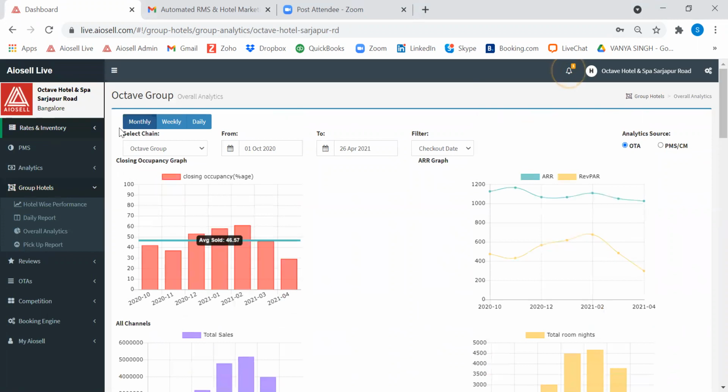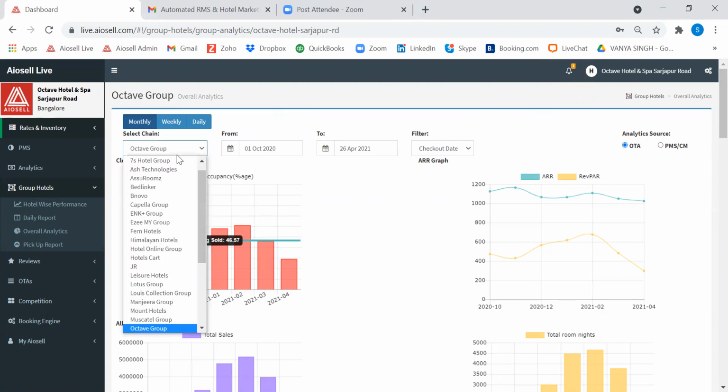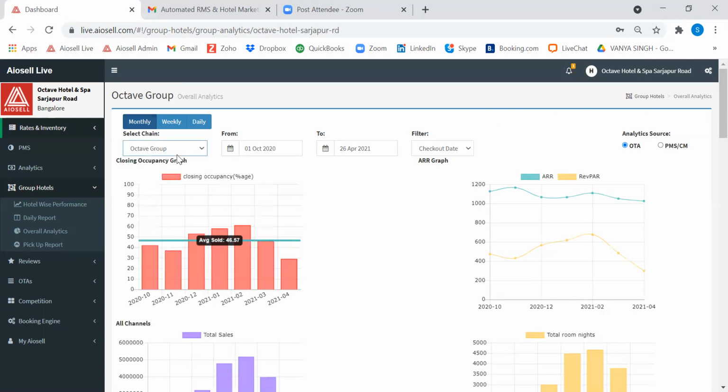Now, this data can be seen monthly, weekly, daily. We also have the ability to make separate clusters. So if a chain has a north, south, east, west cluster, we can make those clusters and one can isolate those clusters and see different clusters' performance separately from here.